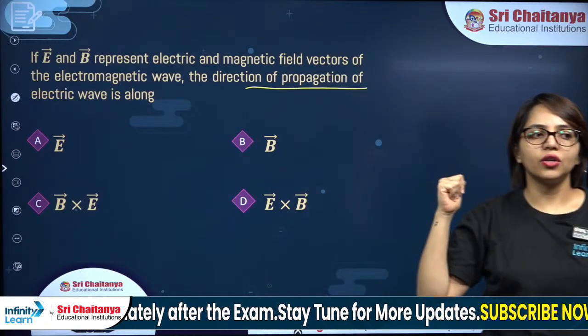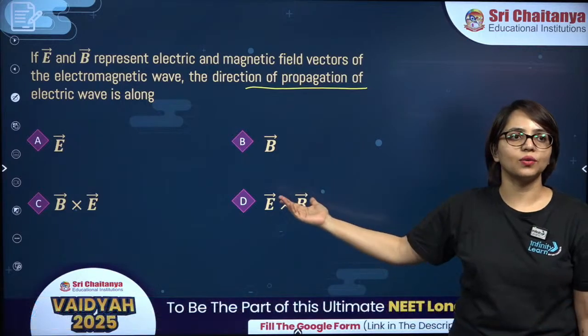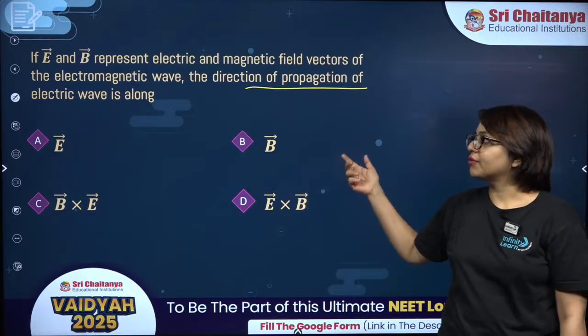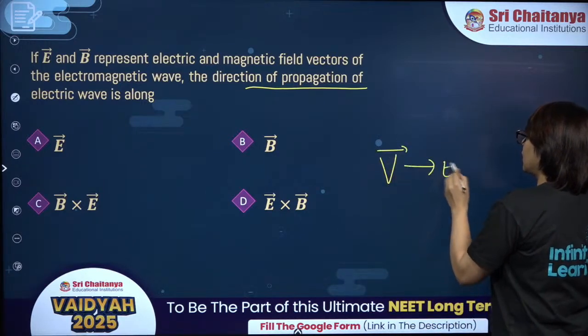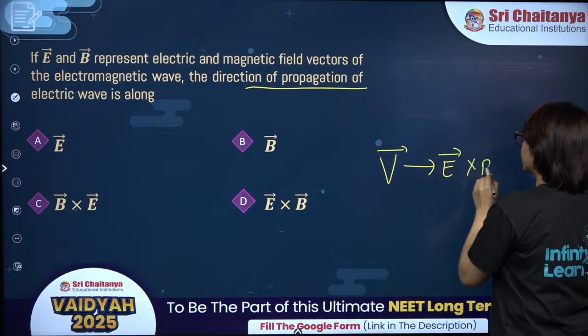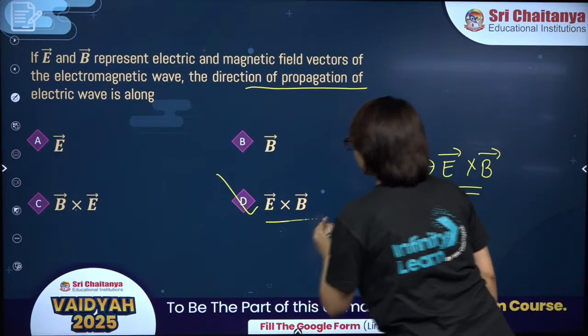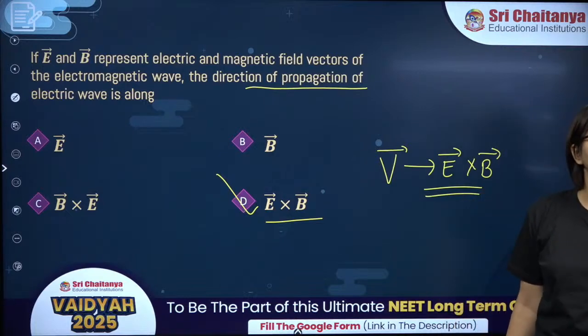Every year you get one question based on EM waves and you will be getting questions like this only, information based questions, bachcho. Right, so velocity vector of EM wave is along E vector cross B vector. So the correct answer is option D. It is along E cross B. Fine. Chaliye, well done guys.